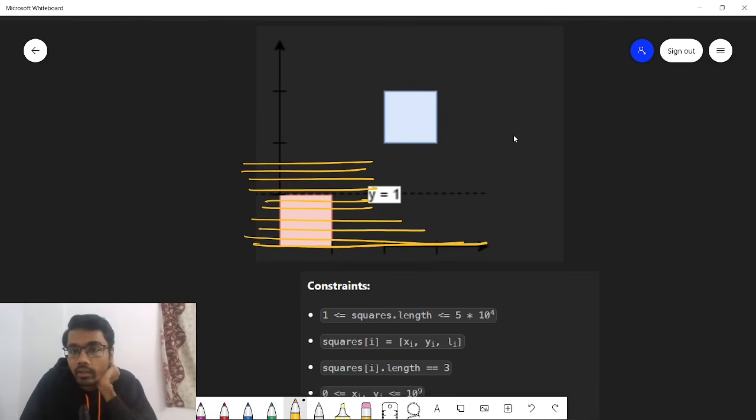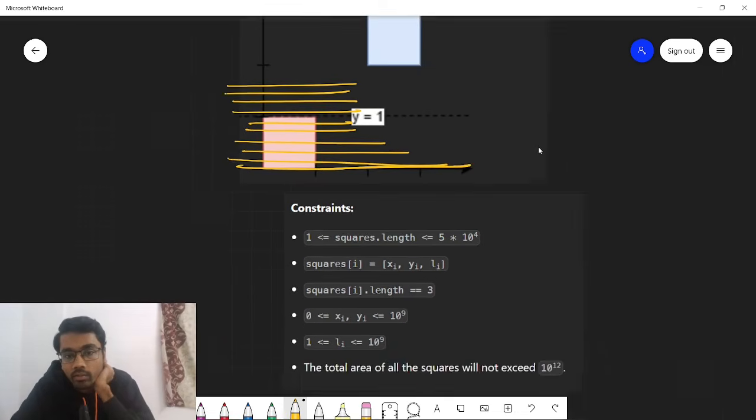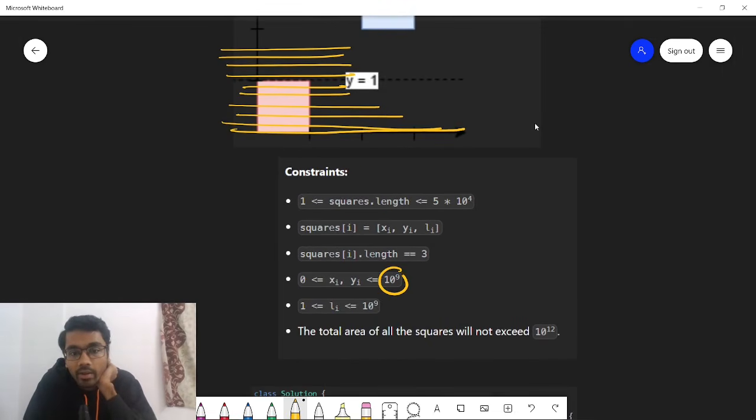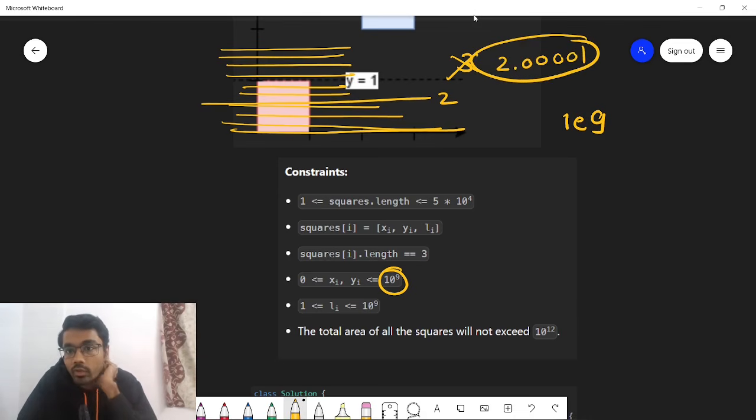If you look at the constraints, y can be as max as 1e9. So 1e9 values we need to check, and actually it's more, because if we are checking a line at y equal to 2, the next value won't be 3, the next value will be 2.00001, because we need to have the precision of 10 raised to the power minus 5.